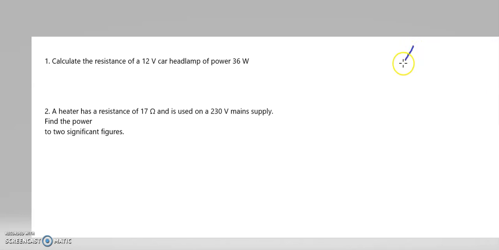Do you remember we have this triangle for voltage, resistance, and the current. So resistance is voltage divided by current. So if I am going to look for resistance, put your hand on R, the voltage is on the top and the current is on the bottom.